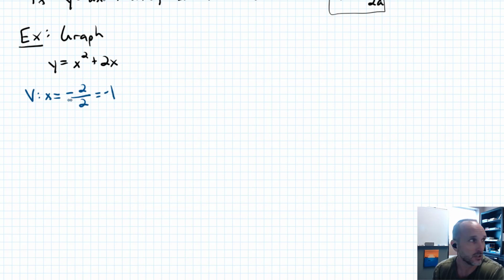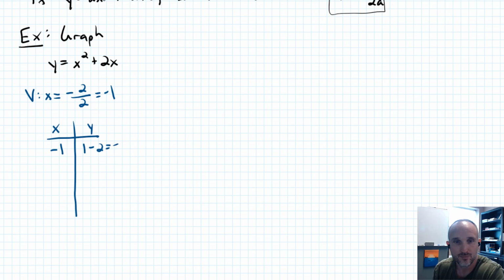So the vertex is going to occur at x equals negative 1. So when I set up my xy table, I know I want to plug negative 1 in for x. And if I plug negative 1 in for x, I get y equals negative 1 squared, which is 1, plus 2 times negative 1, that's negative 2. So I know my vertex is going to occur at negative 1, negative 1.